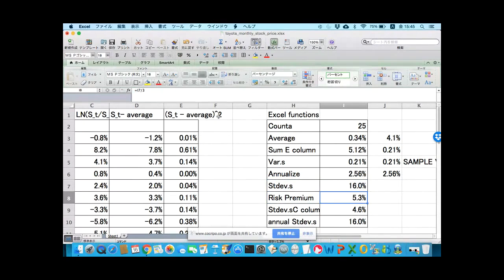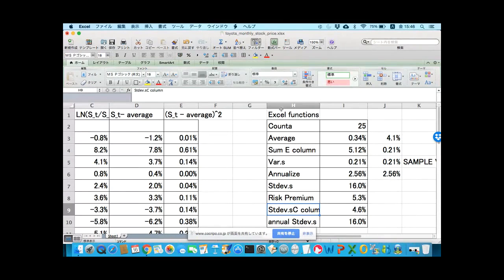And finally, we get the risk premium by dividing by 3. Standard deviation divided by 3 would be the risk premium. So the risk premium is 1/3 of the standard deviation on an annualized basis.